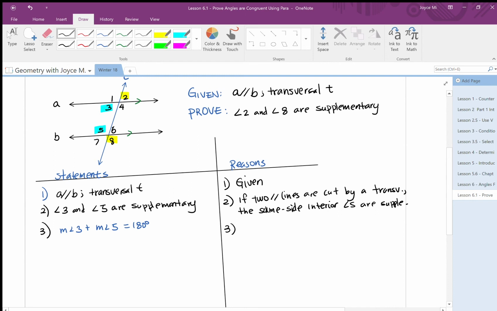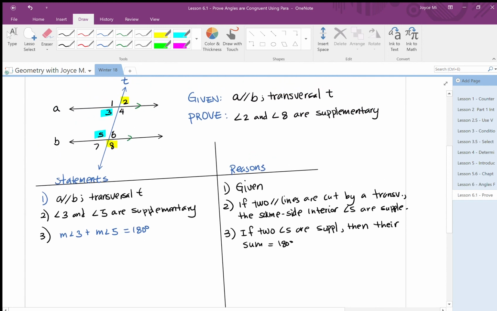Or you could just say the sum of supplementary angles equals 180. Or just say it out: if and then always works. So if two angles are supplementary, then the sum equals 180 degrees. Okay, so write your reason out.